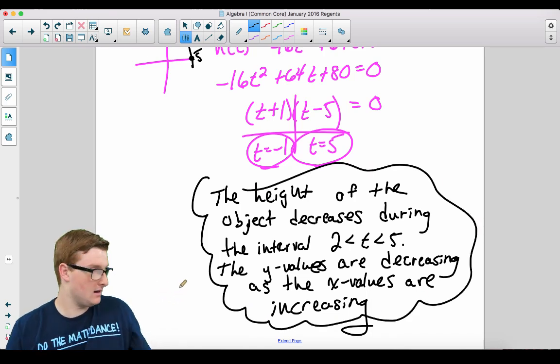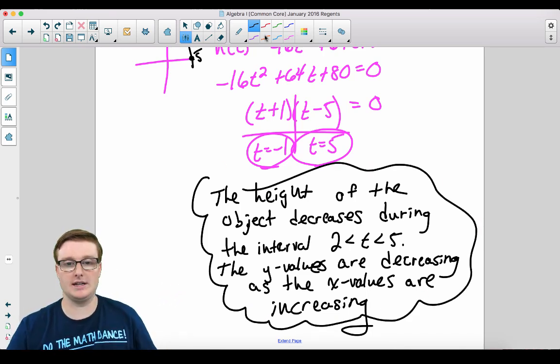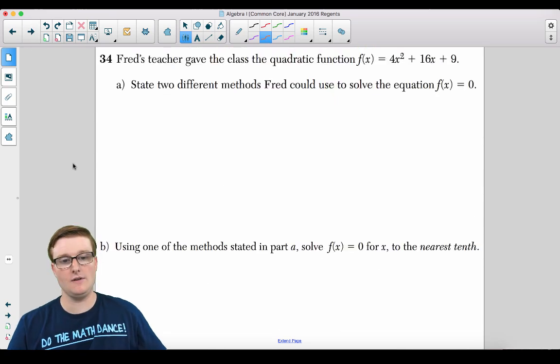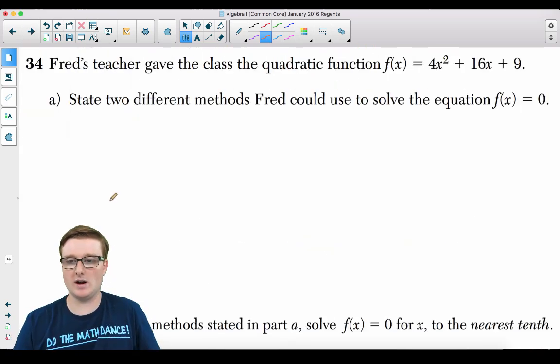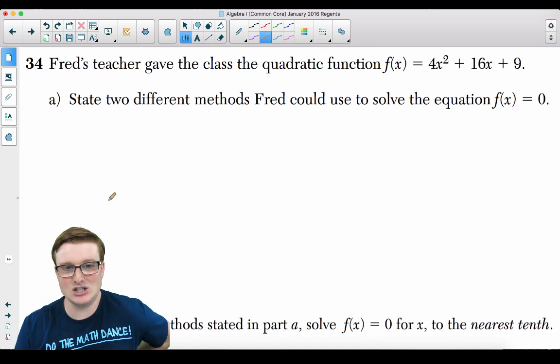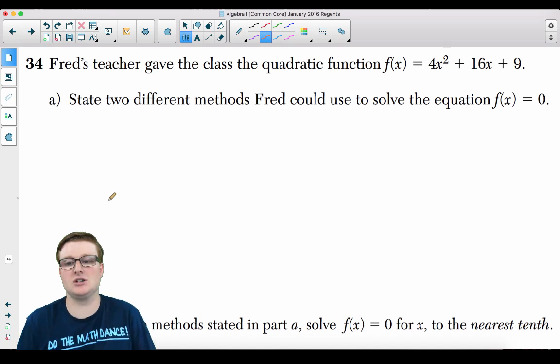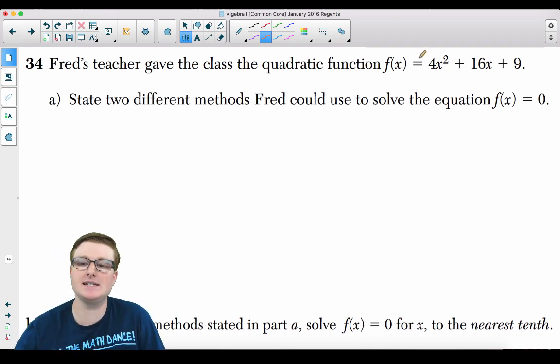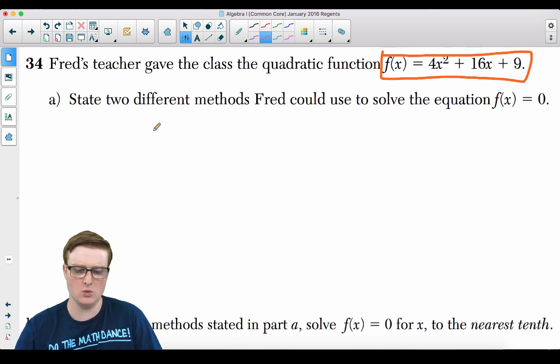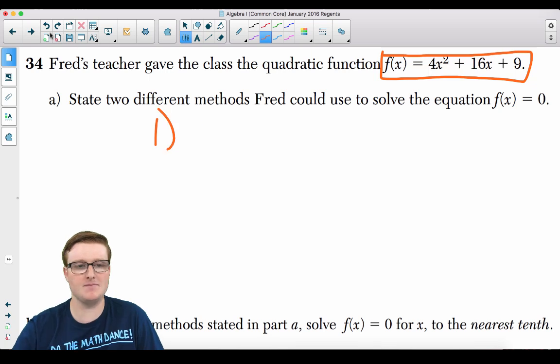All right. Moving on to number 34. Here we go. Fred's teacher gave the class the quadratic function f of x equals 4x squared plus 16x plus 9. State 2 different methods Fred could use to solve the equation f of x equals 0. So the 2 methods that Fred could use, since this is kind of tricky to factor, we definitely know that one method is the quadratic formula.